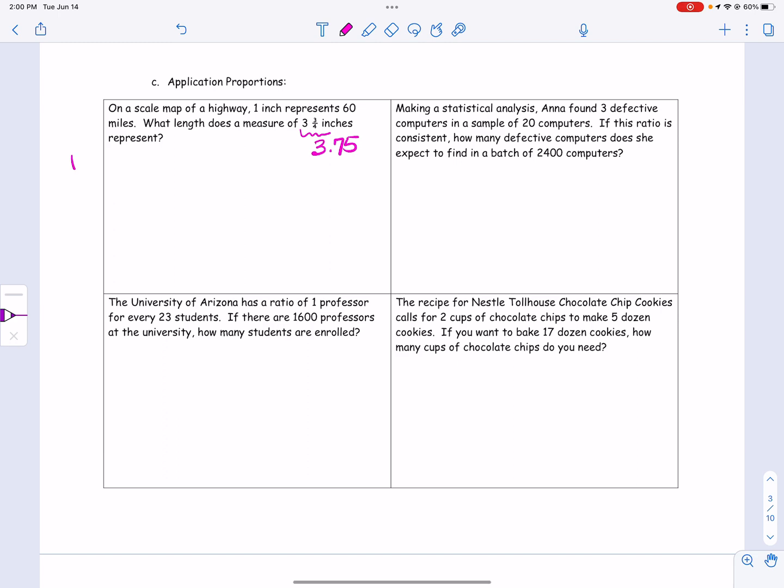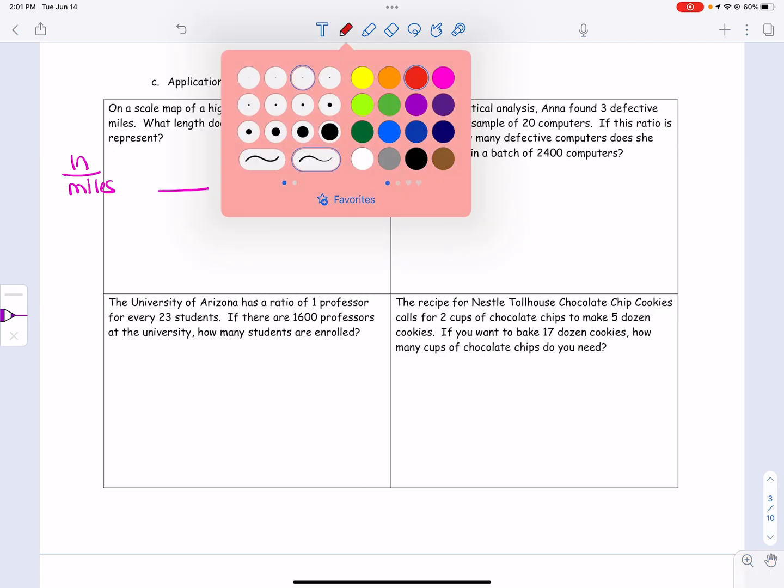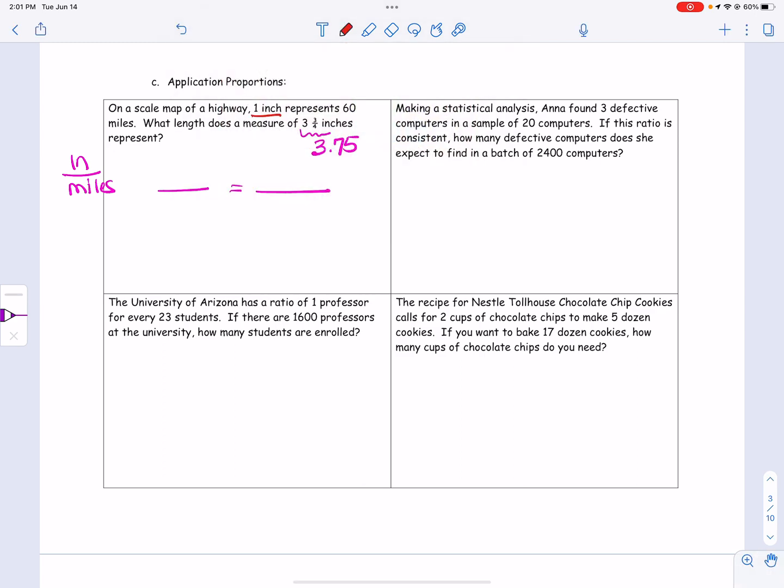So I am comparing inches to miles. And when I write this out, I always start by writing blank equals blank. That first proportion should always be given to you in the information. So if you look at it, it says 1 inch represents 60 miles. So there's my first ratio, okay?